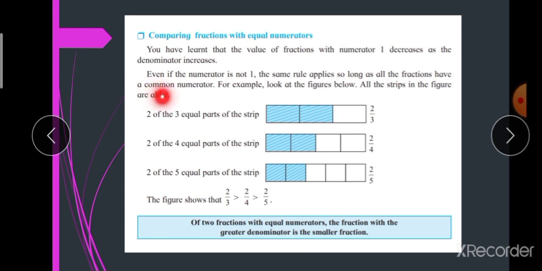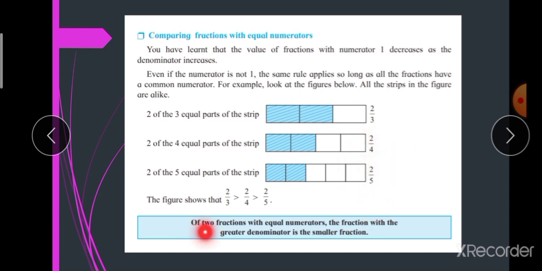So if we have 2 upon 3, 2 upon 4 and 2 upon 5, 2 upon 3 is bigger than 2 upon 4, and this is greater than 2 upon 5. As the denominator increases by 1, the value of the fraction decreases.